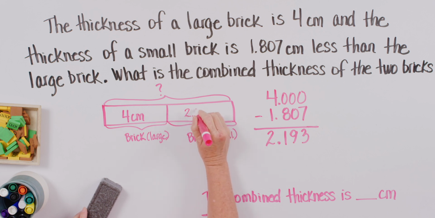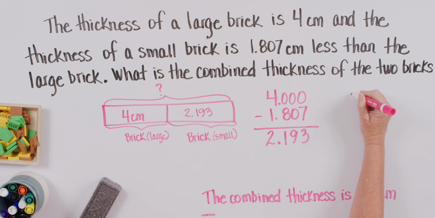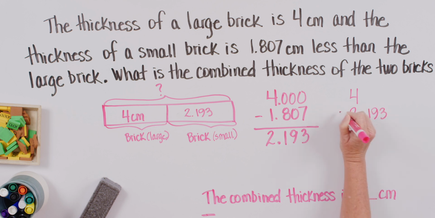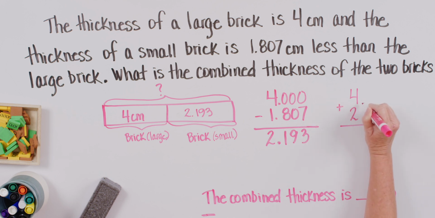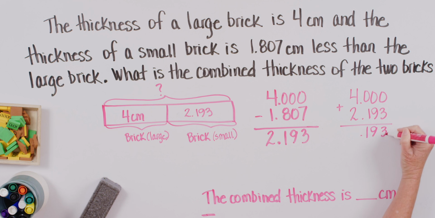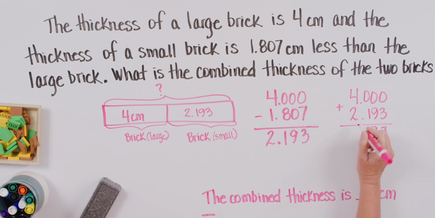Two and 193 thousandths. Now, to find the combined thickness, I'm just going to add my 4 and my 2.193 together. Again, my zeros as placeholders there. And I'm just going to add normally my thousandths together, my hundredths, my tenths, and now my ones.